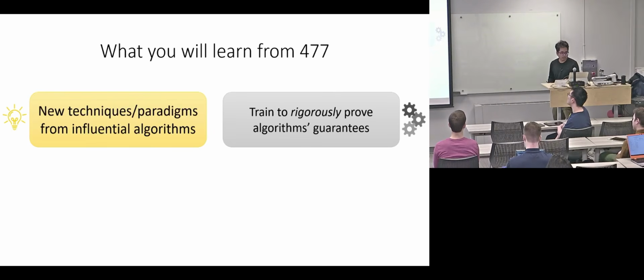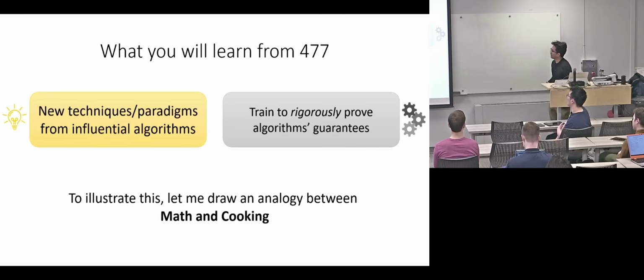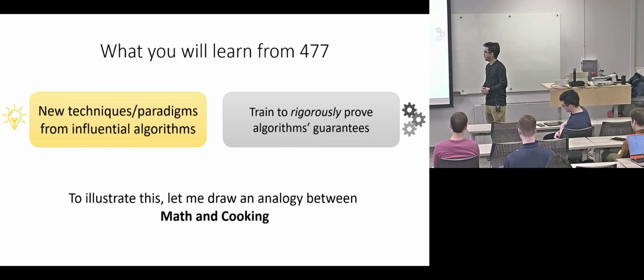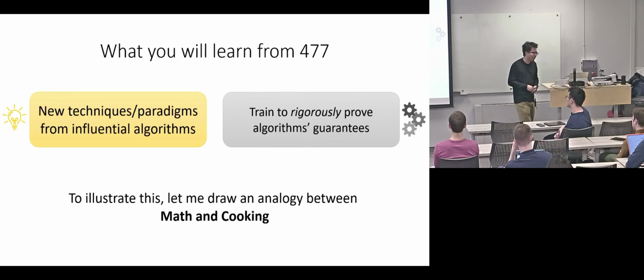But just for fun, to illustrate what it means to learn new algorithmic techniques or to prove algorithm guarantees, I want to draw an analogy between math and cooking, because maybe it makes you understand this a bit more.